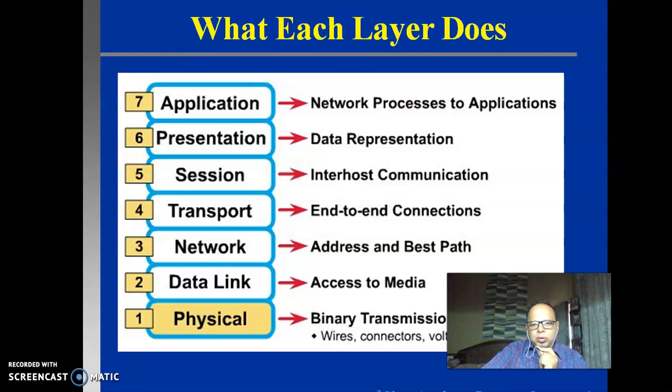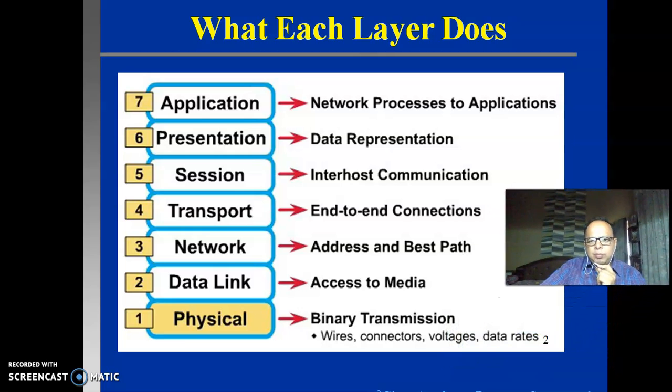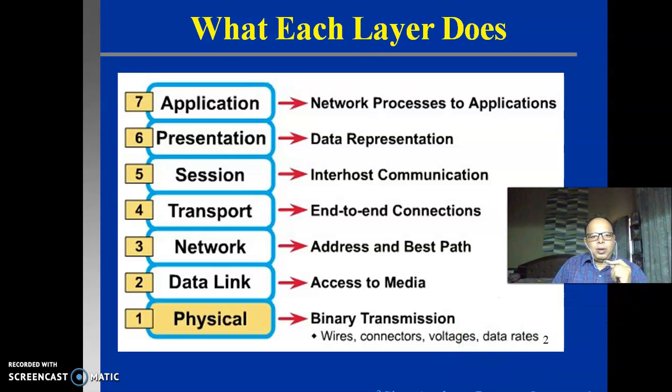Coming now to the actual functionality of the model, we have seen that this is a 7-layer model, and now we'll see what each layer is doing in this particular model. Layer number 1 is the physical layer, which is the bottommost layer in this model.